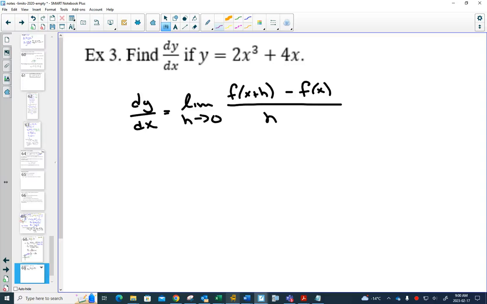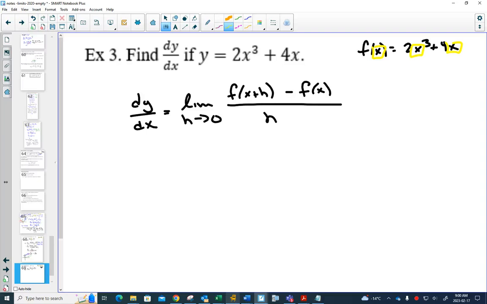Can you see that if I think of this as f of x equals 2x cubed plus 4x, now when I replace something in my function, there are 2 x's in the equation. So if I ask you what's f of 2, you'd have to plug in 2 twice. If I ask you what's f of 7, you'd have to plug in 7 twice.